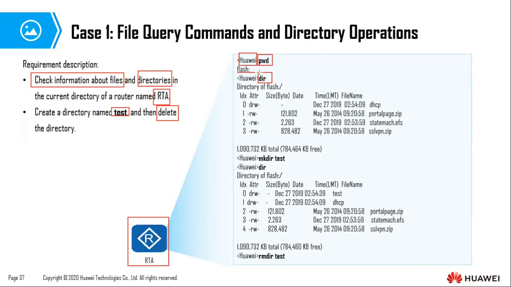So you see when you type dir, it tells us directory of flash. Then we can see a number of things here. So this is the ID of each of the content. Then these are the attributes. These attributes are very important. I'm going to talk about them just now.